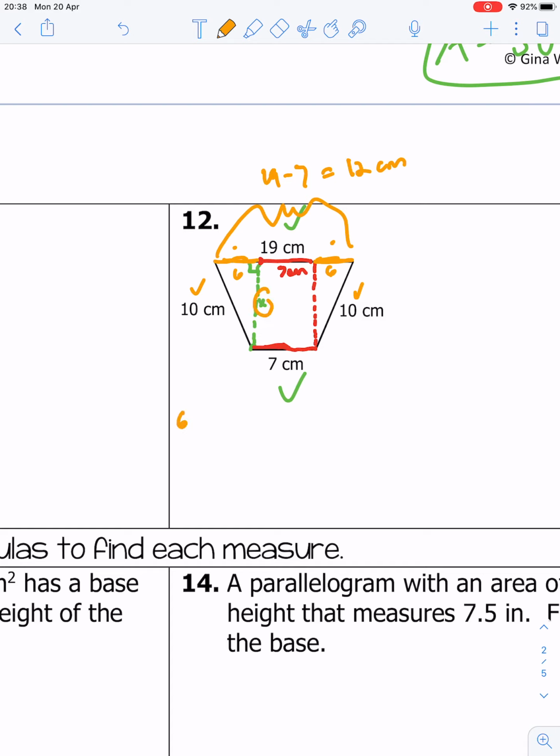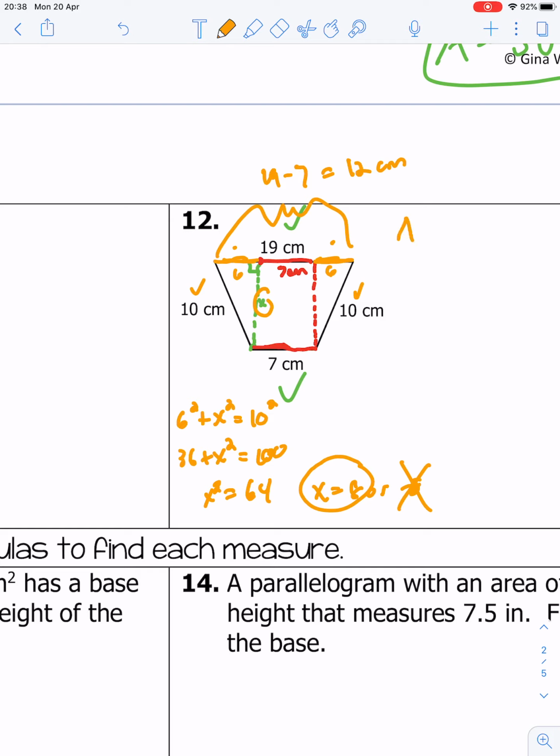So we get 6 squared plus x squared equals 10 squared, 36 plus x squared equals 100. X squared equals 64. And when we take the square root, we get x equals 8 or negative 8. Does negative 8 make sense for a height? No. So our x is 8 and our height's 8. That's the same thing because it's perpendicular to the bases.